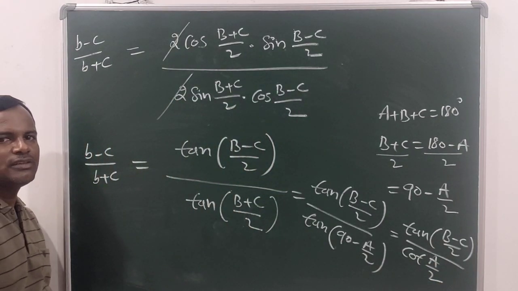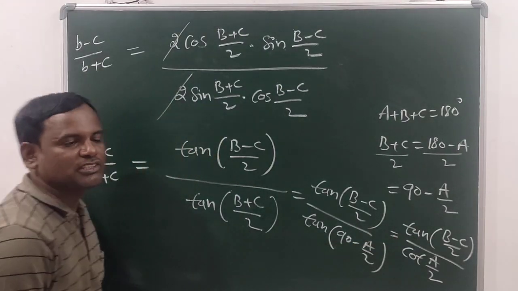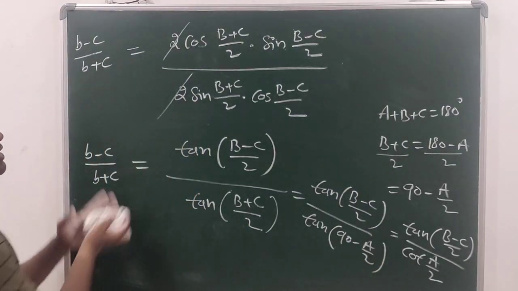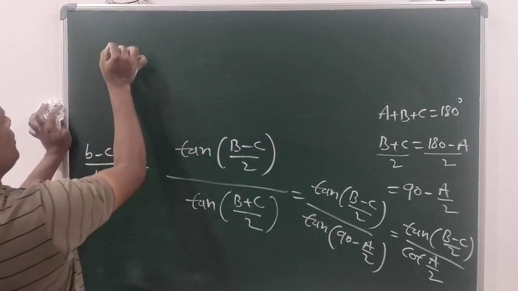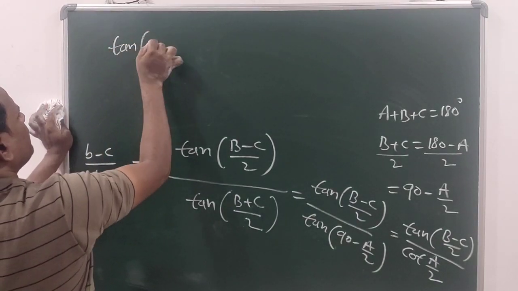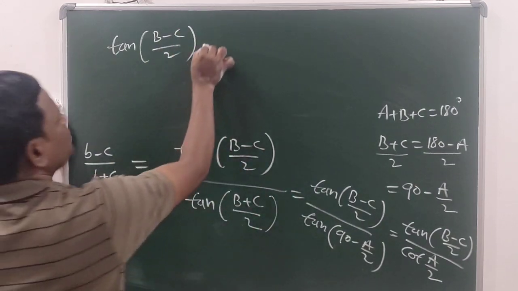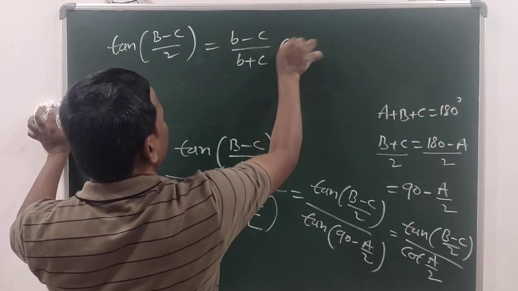Okay students, so what did you get? Tan of (B minus C) by 2 by cot A by 2. Now bring this cot A by 2 to the left side. So what do you get? Tan of (B minus C) by 2 equals (B minus C) by (B plus C) into cot A by 2.